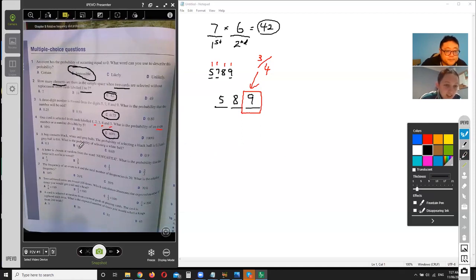A bag contains black, white, and grey balls. The probability of selecting a black ball is 0.3, and a grey ball is 0.6. What is the probability of selecting a white ball?